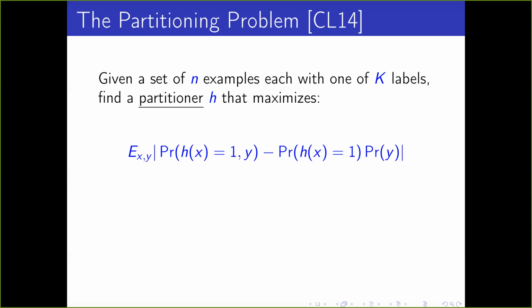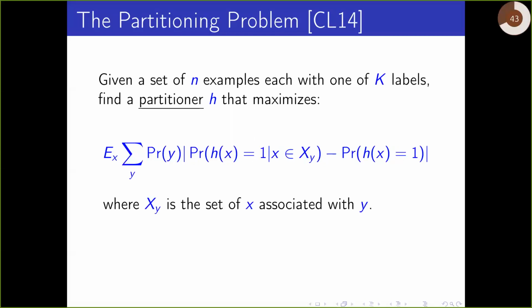So this is kind of like a notion of dependence, right? If this value is 0, then you're predicting independently of the class label. If this value is large, then the class label is strongly correlated with the right or left prediction.